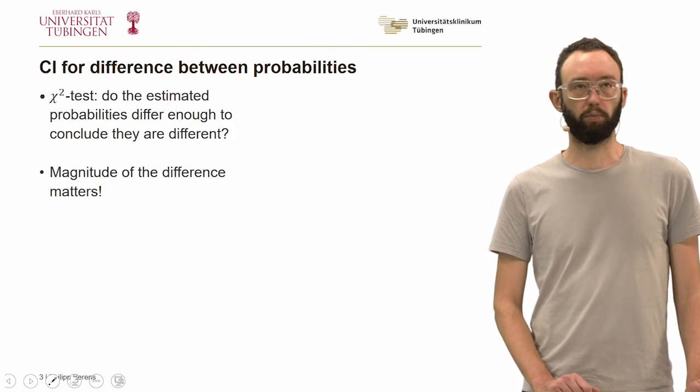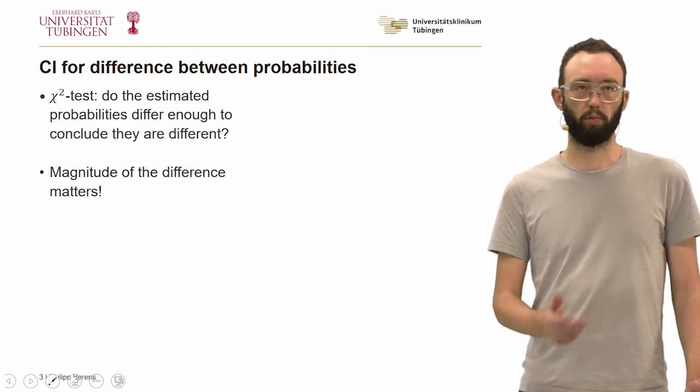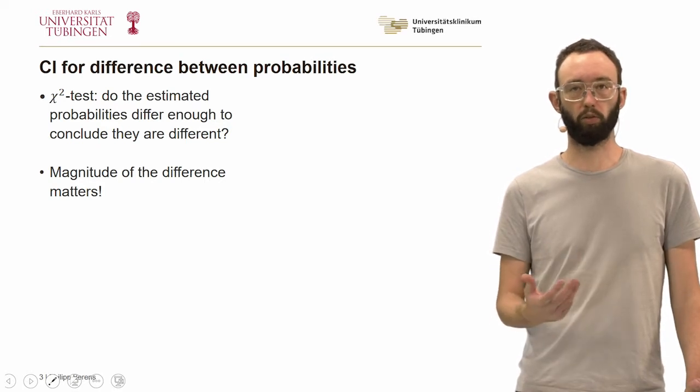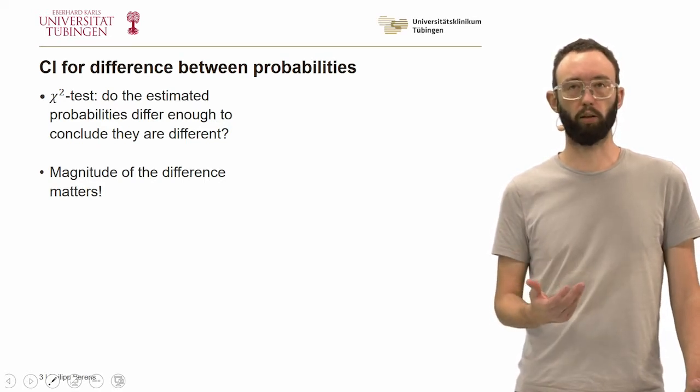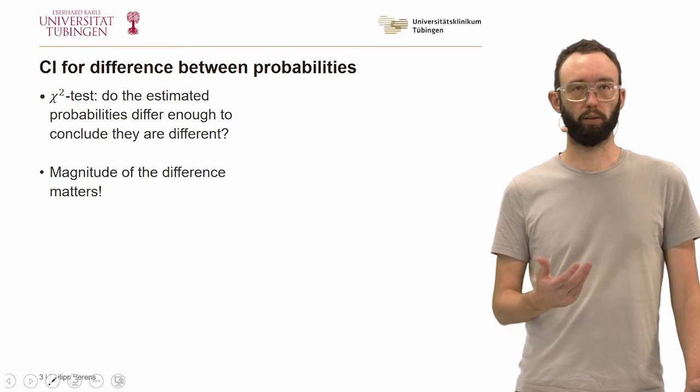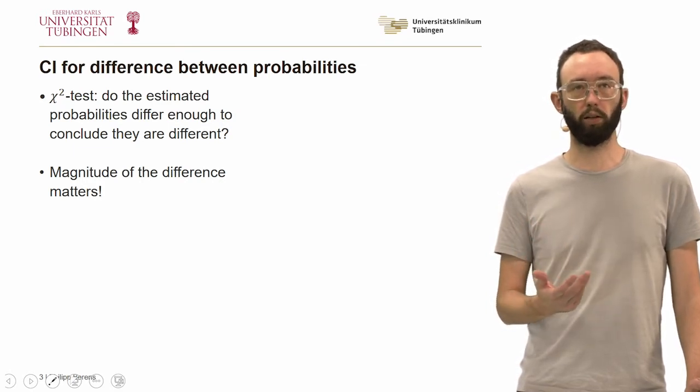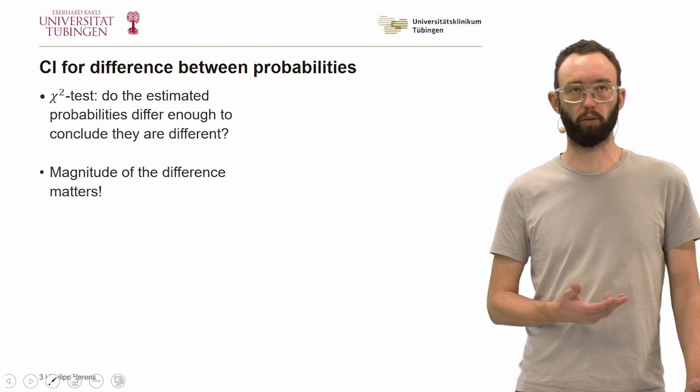In the last lecture, we covered the case of two independent samples. And one question that remained from that was, how do you compute a chi-square test for the differences between probabilities?